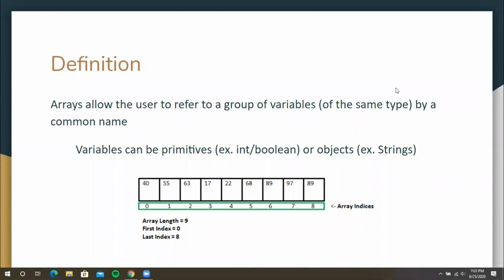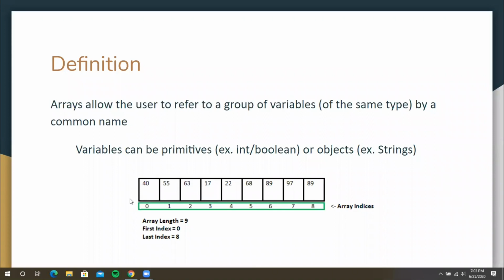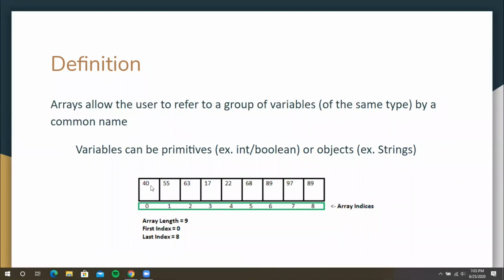So basically, the picture here demonstrates what an array is. Think of an array as a big container containing indexes, and each index is a separate small container containing an individual variable inside.